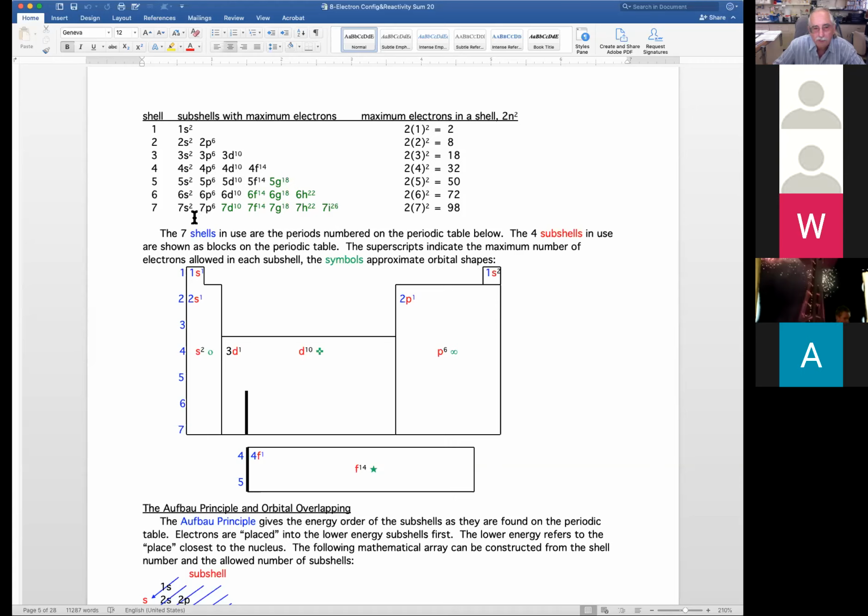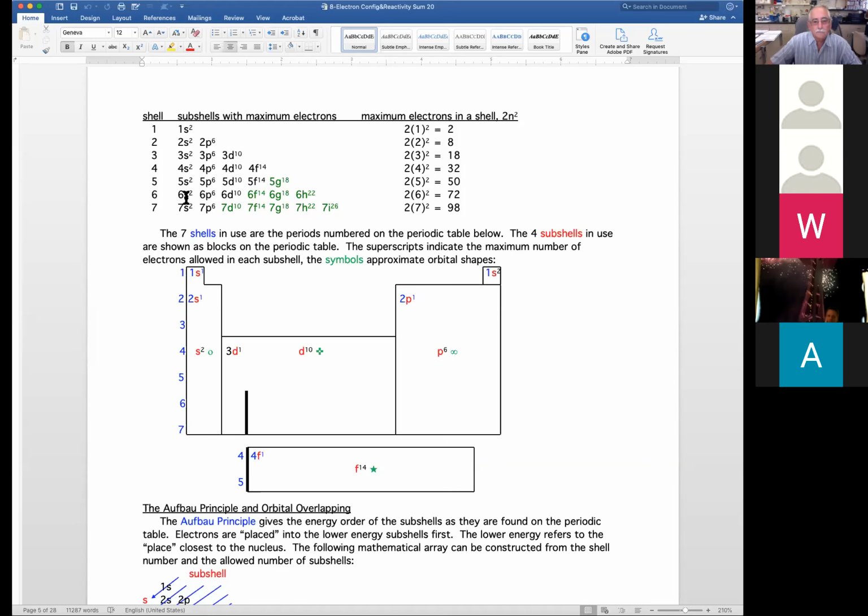If you look at shell number 7, you could get close to 100 electrons in there. That would account for 98 different elements, and the whole periodic table has only 118. So all this capability that is mathematical is not necessarily needed. We only need the ones I left in black.